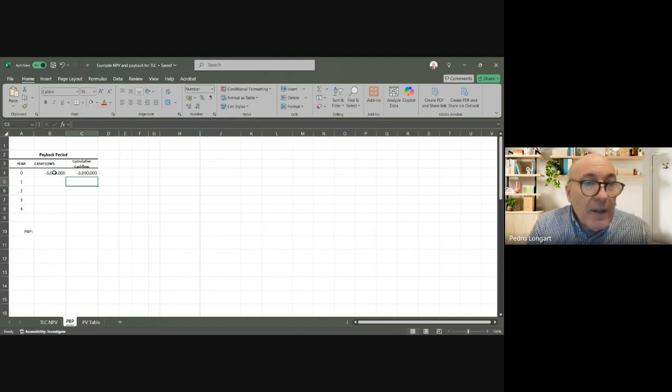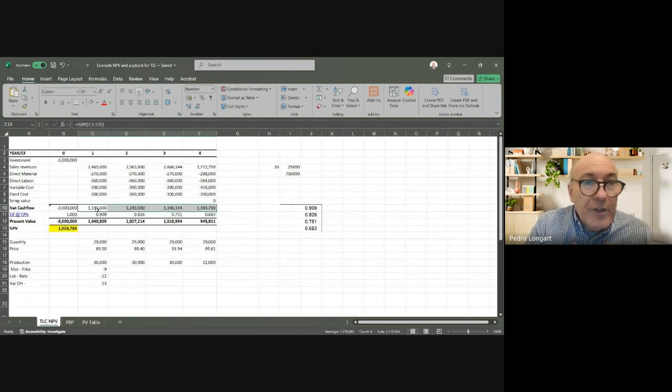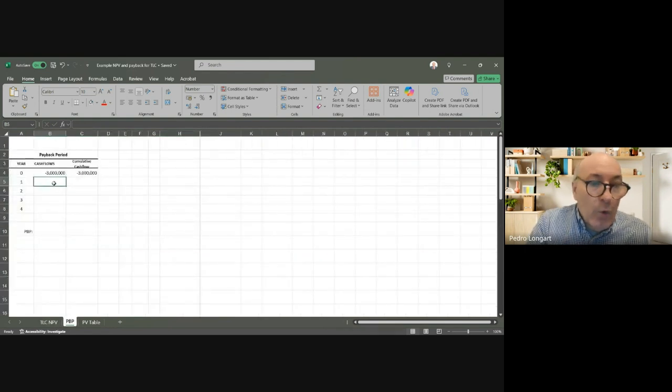Then in year 1, I just need to copy what was my cash flow of year 1, which is 1145 and three zeros. Now this 1145 is getting a return over the 3 million negative that I had before.